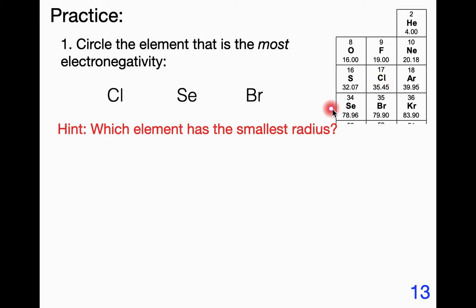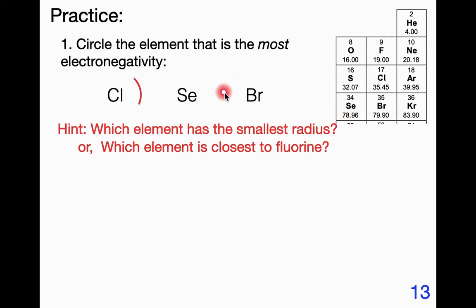Atoms get smaller as you go across and smaller as you go up, or conversely get larger as we go down. So chlorine is going to be the smallest. However, for electronegativity value, an easier way of doing it is to ask yourself which element is closest to fluorine. Remember, fluorine is the most electronegative element, so the atom that is closer to fluorine would be the more electronegative. And so that would be chlorine.